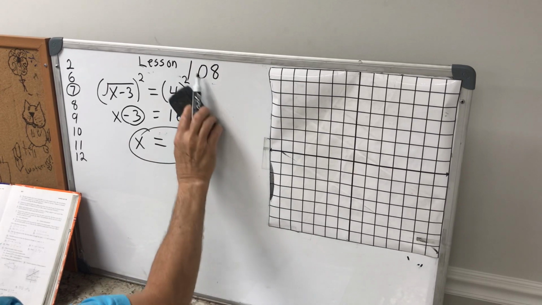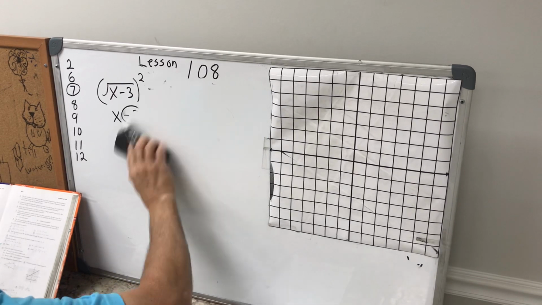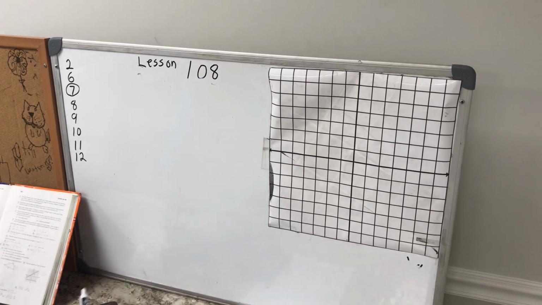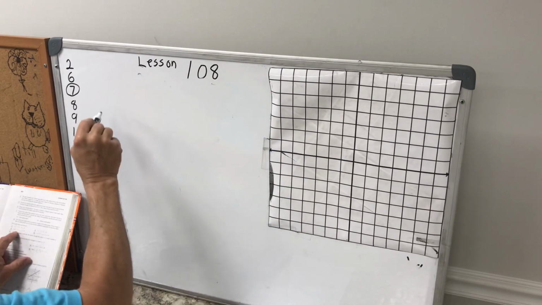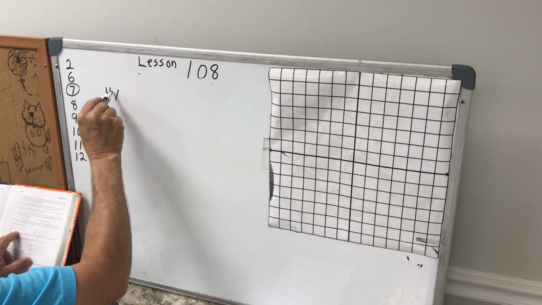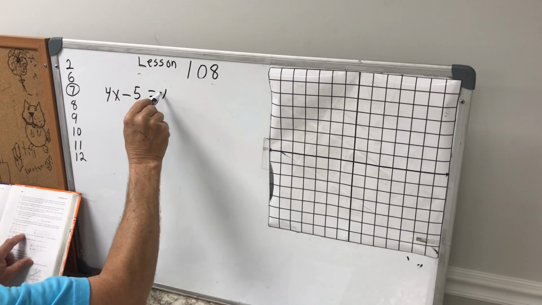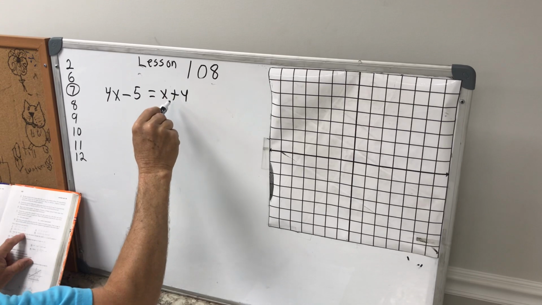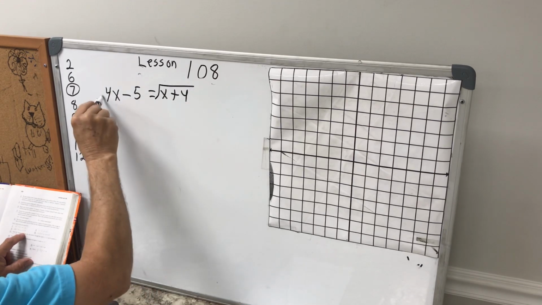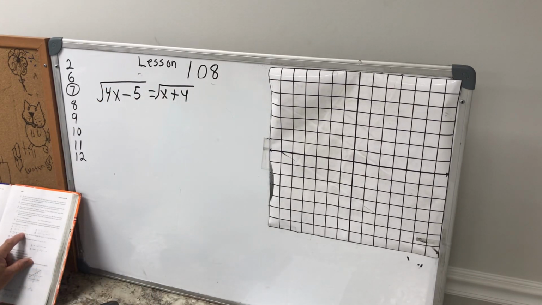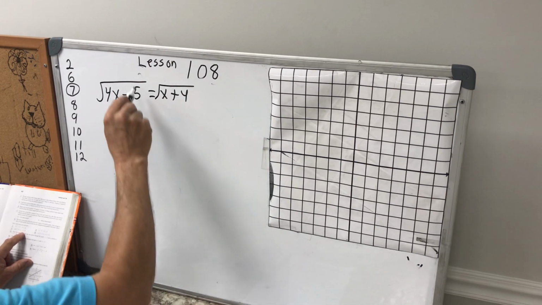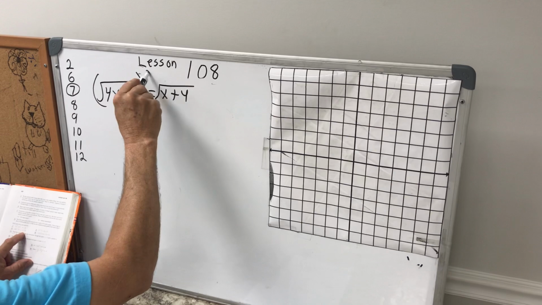Now, wasn't that simple? Was not difficult, huh? Well, don't relax. Number 9. This one's more complicated. 4x minus 5 equals x plus 4. Both of these have square root signs on them. So how are we going to get rid of the square root signs? We're going to do the same thing. Square it.